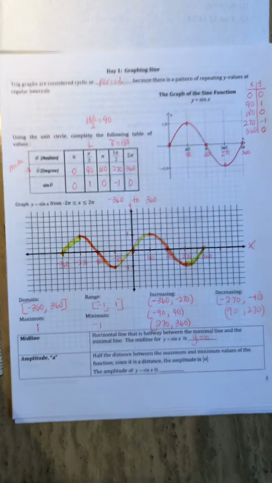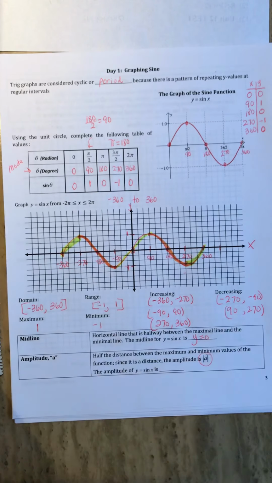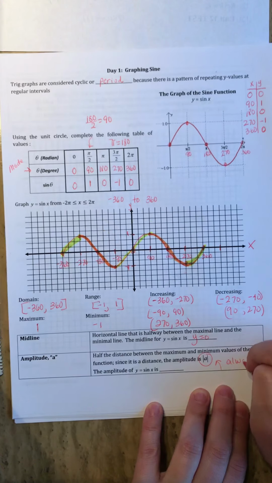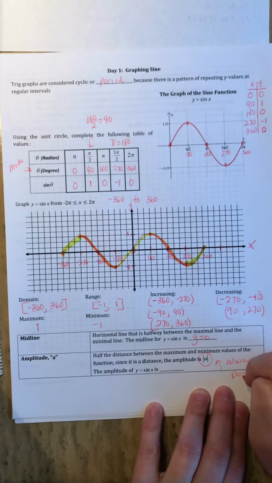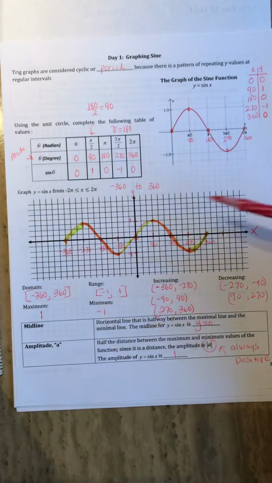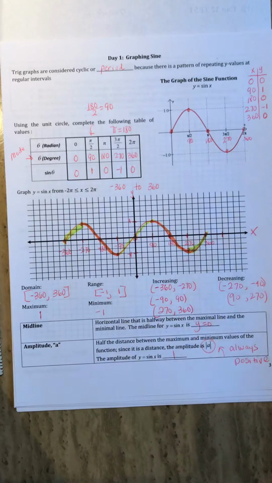The amplitude is half the distance between the max and the min value of the function. Since it is a distance, it is an absolute value, and the absolute value is always positive. You can see that the amplitude, or how tall this goes, is 1.